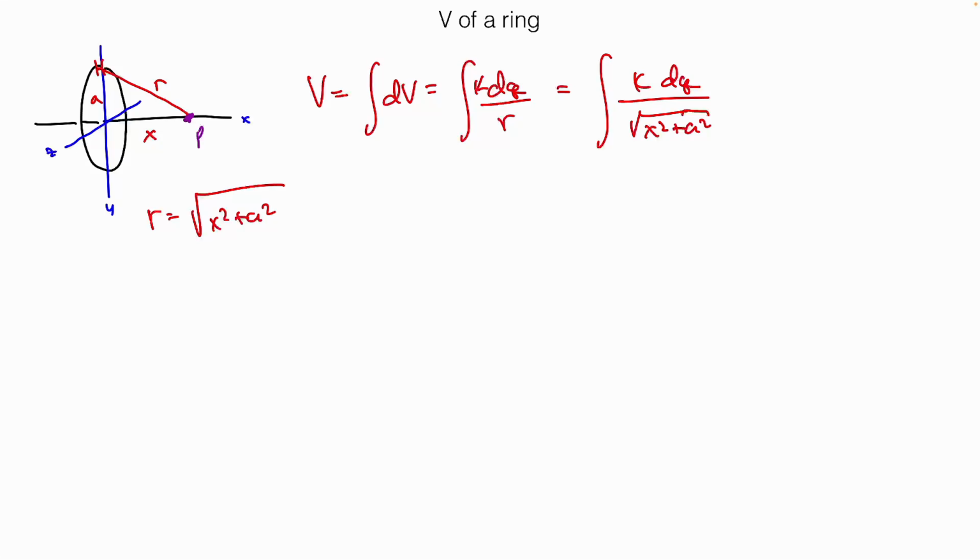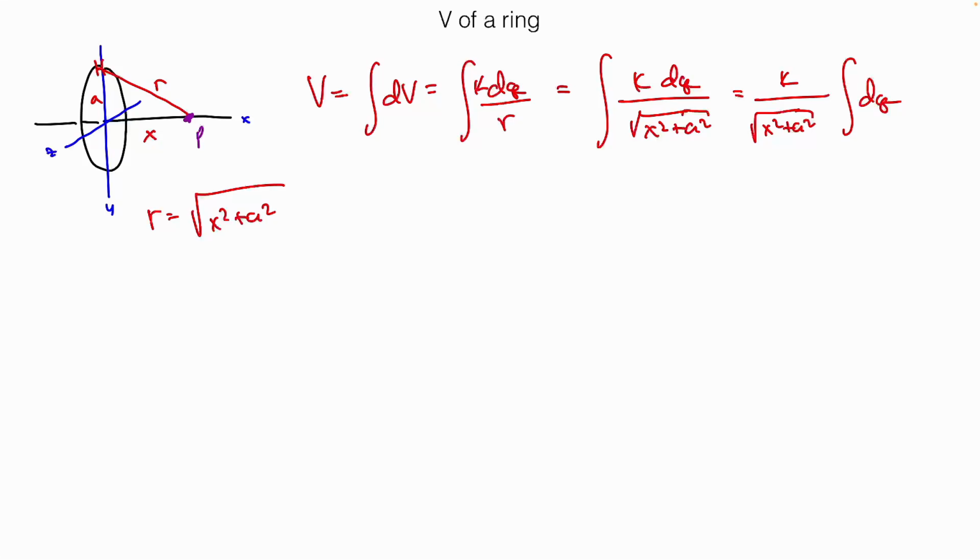But before I even go there, let's see if we can identify anything that's constant in this integral. What comes out? The k comes out. And the square root of x squared plus a squared comes out, because that distance r, no matter where I am on that ring, is going to be exactly the same.